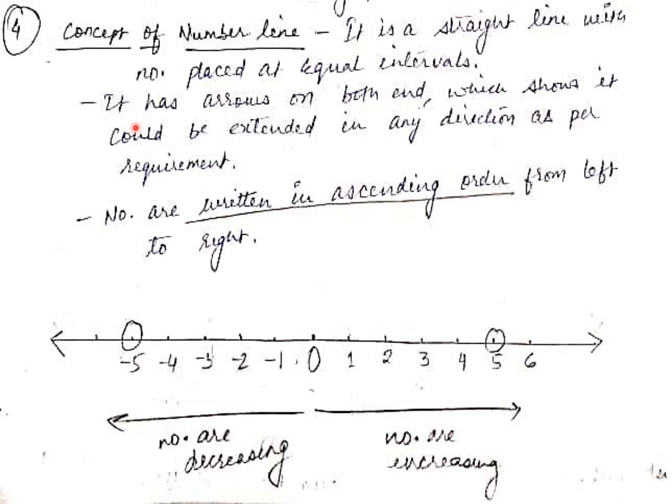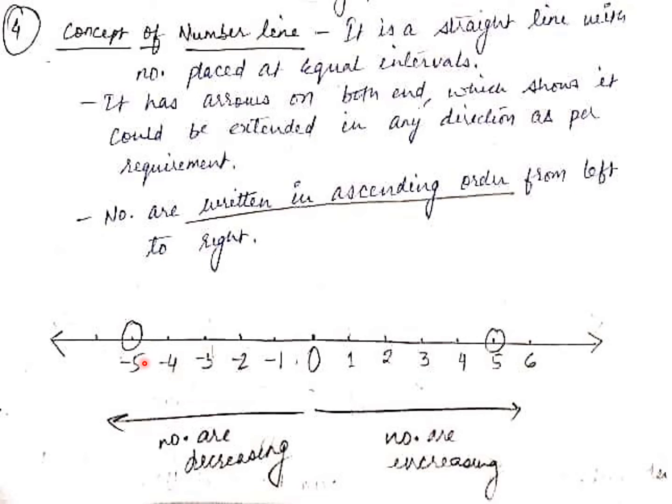It has arrows on both the ends. So if you don't draw an arrow in number line, that means it is wrong. You have to draw arrows on both the ends, which shows it could be extended in any direction as per requirement. Now, numbers are written in ascending order from left to right.